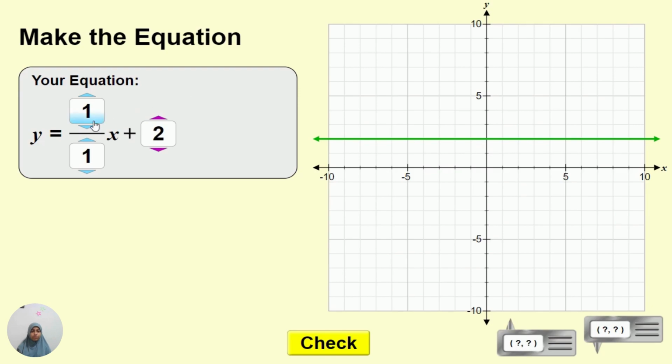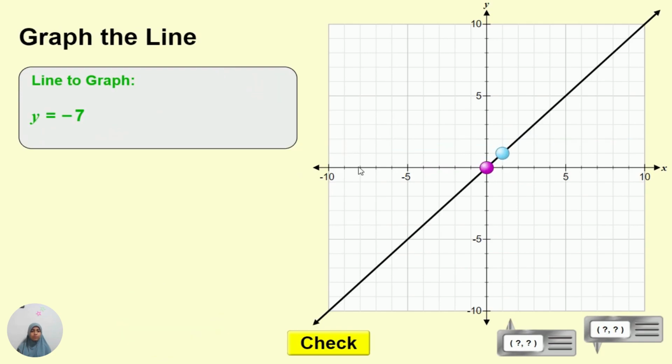So I'm going to try it. I think the answer should be y equals 2. So 0 divided by 1 is 0, plus 2. So this is simply y equals 2.